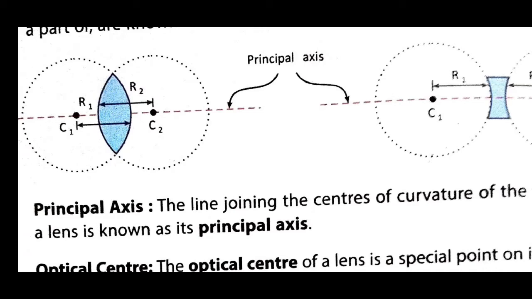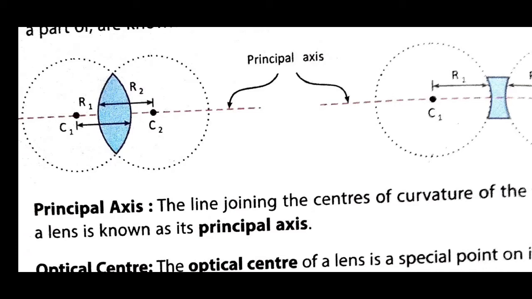These lenses are made from two spheres. Here, see in the figure, in the first figure, this convex lens is made with the help of two spheres.